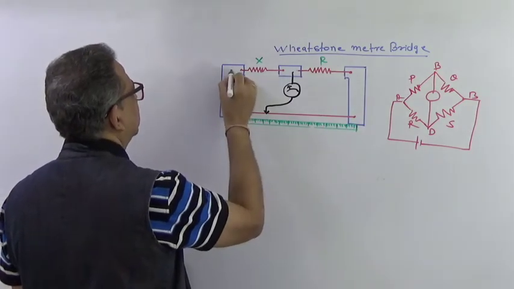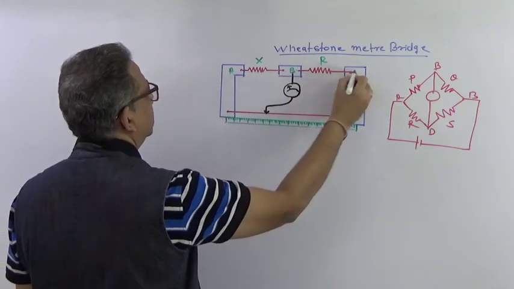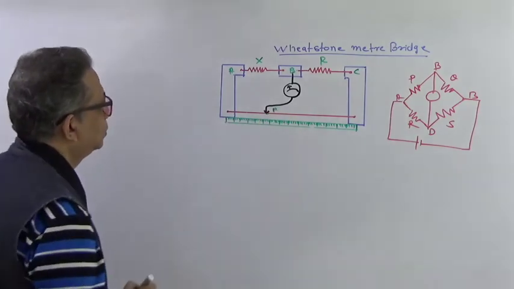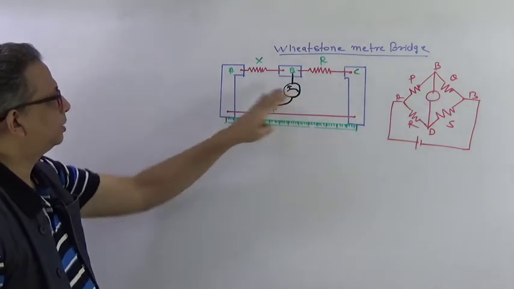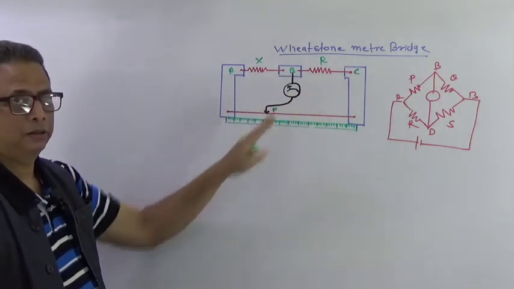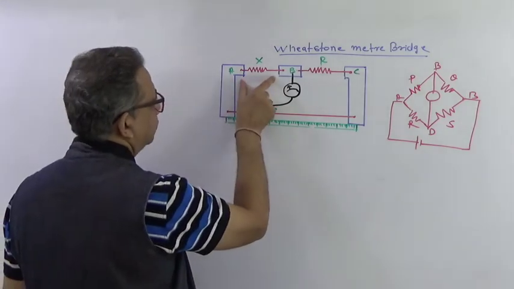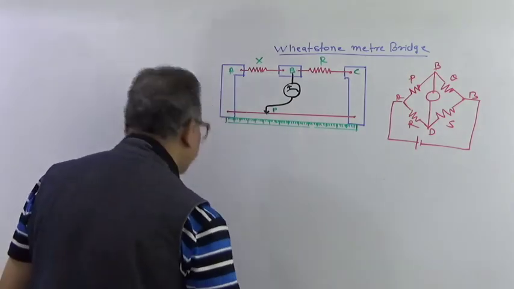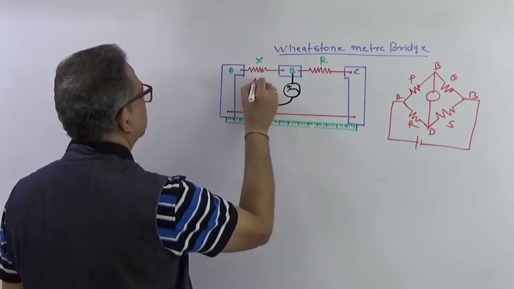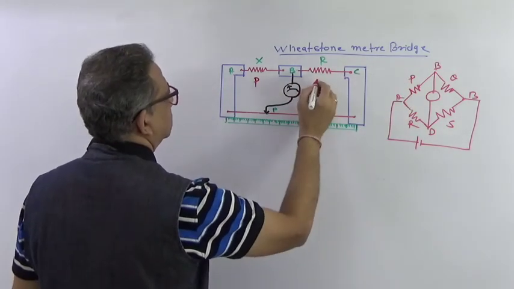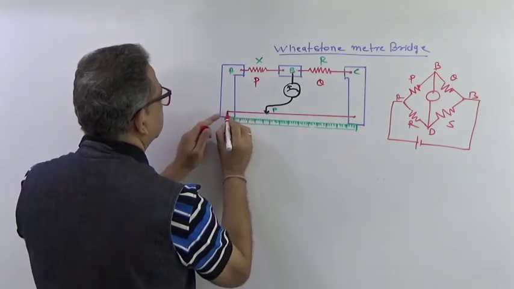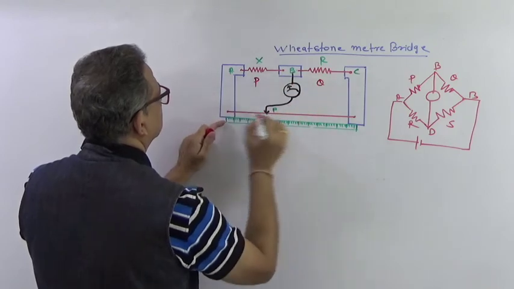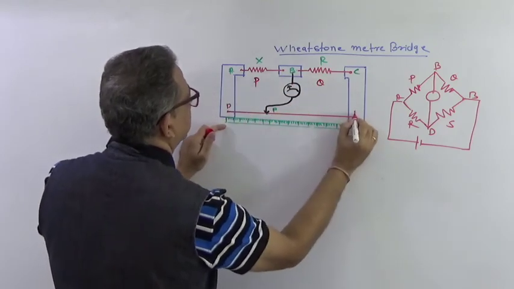Let us take this point as A, this as B, and this as C, and let this point be considered as P. Here we have a similar configuration: this part of the resistance we write as P, this is Q of this bridge, and let this point be D and let this point be E.